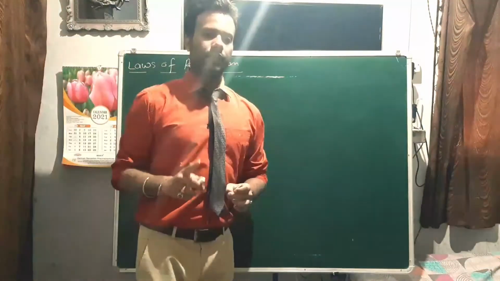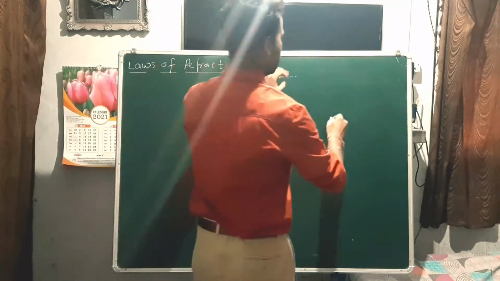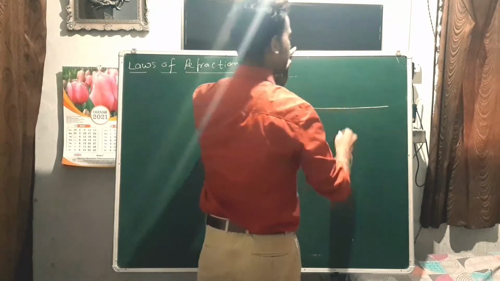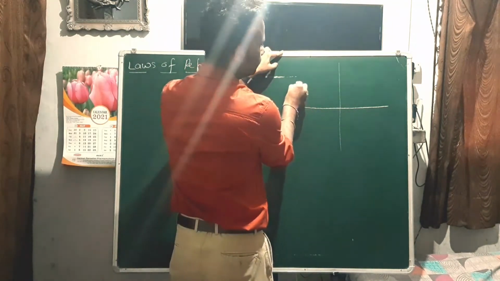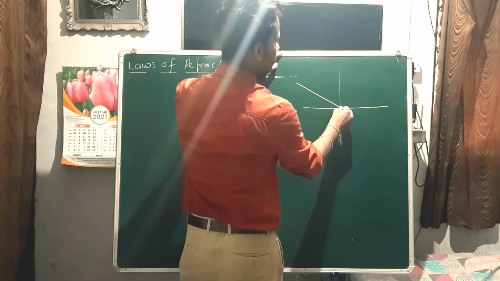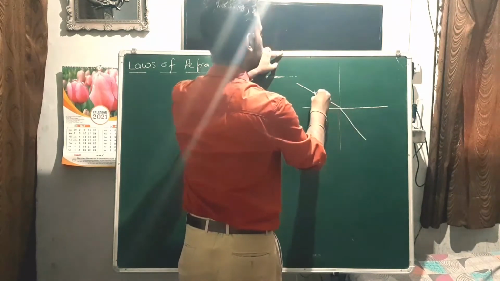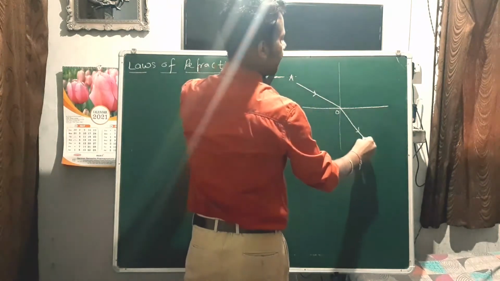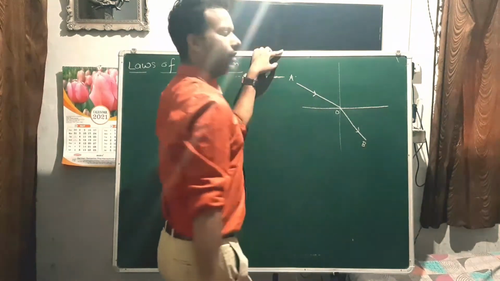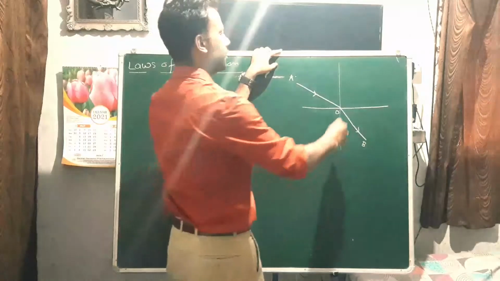If you remember the ray diagram of refraction, this was the interface line, this was the normal, and this AO is the incident ray and OB was the refracted ray.